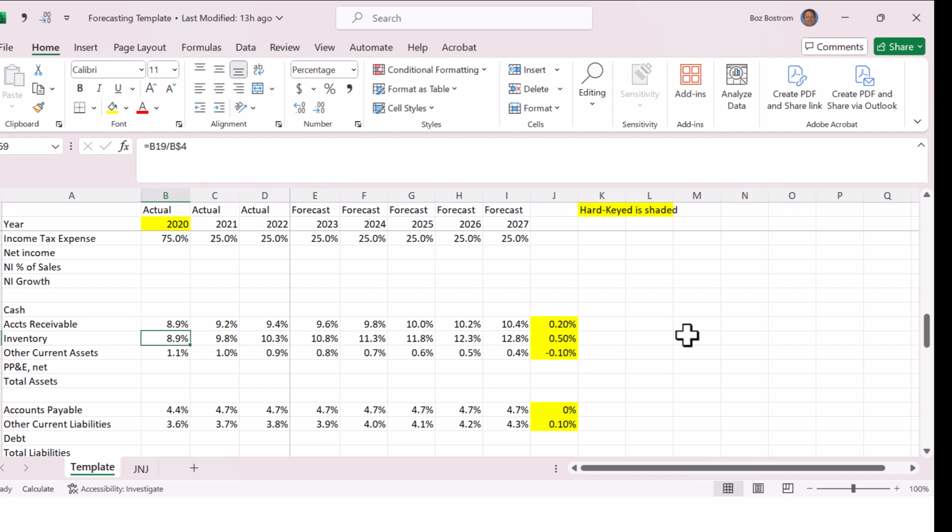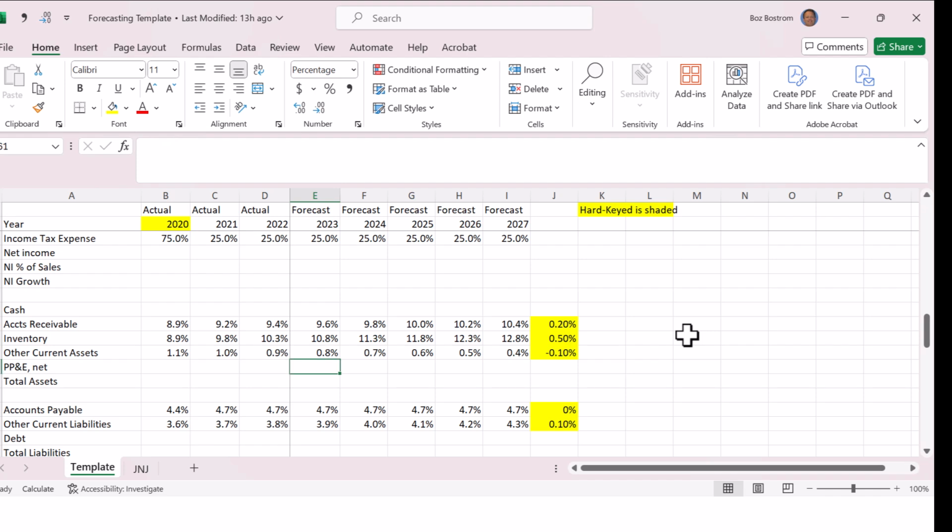Inventory is a percentage of sales. It looks like it was increasing, so we said, okay, let's increase that by 0.5% per year. Other current assets slightly going down, so I said, okay, let's continue that downward trend. You would never go below 0 in something like this. So if it looks like it was a downward trend, you would stop at 0.